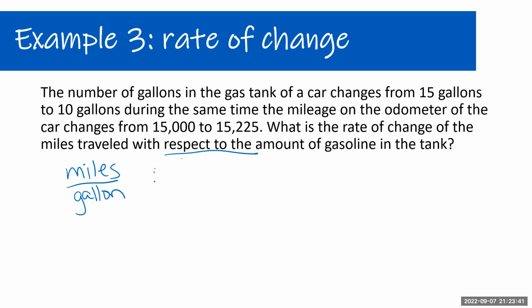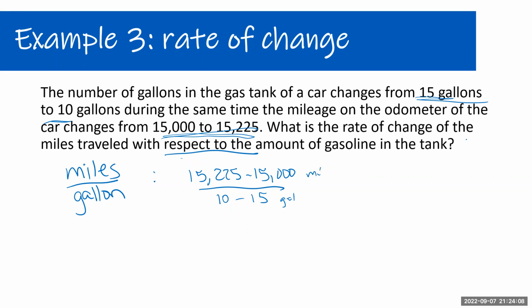So we're talking about the change in miles. So change in miles is here, okay? So 15,225 minus 15,000. And the number of gallons was 15 to 10. Now be careful here, okay? Because the second time it was 10 and it started as 15, okay?